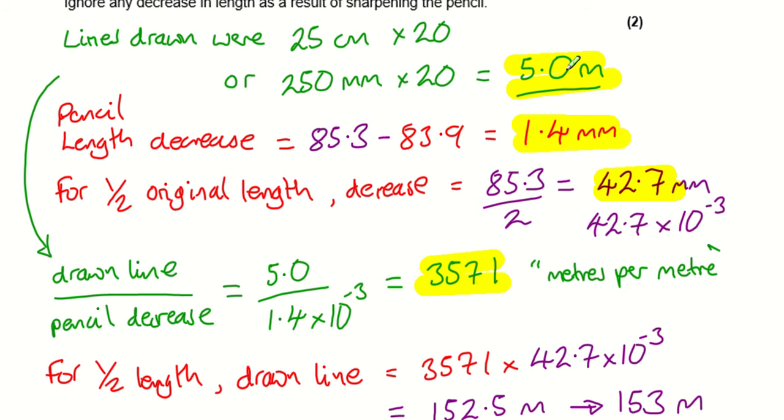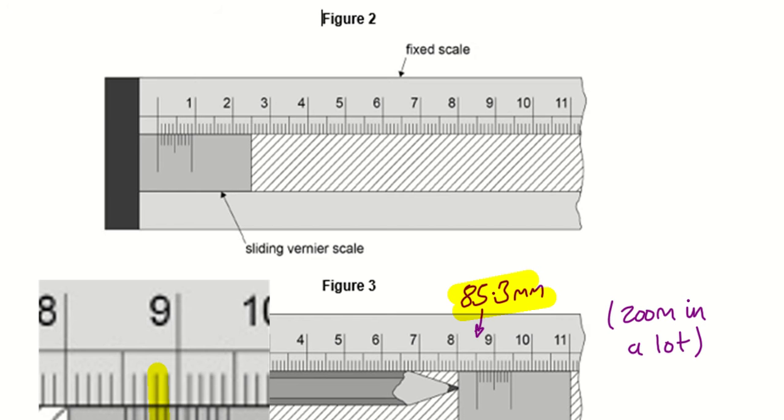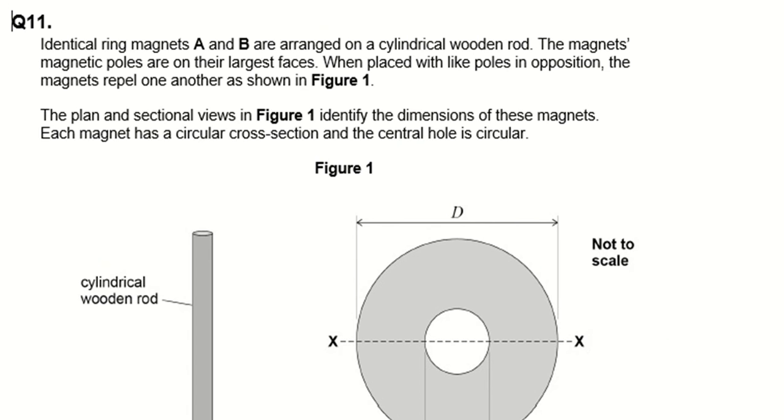That would probably have been a bit quicker. 42.7 divided by 1.4 tells you how many times you'd have to do that, then you multiply 5 by that. That's another way, slightly quicker possibly. Right, then we're on to the weird and wonderful magnets.